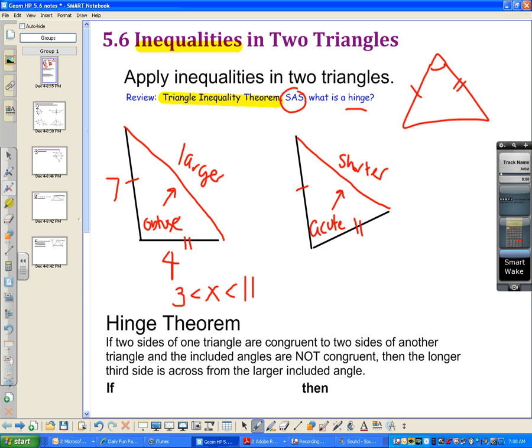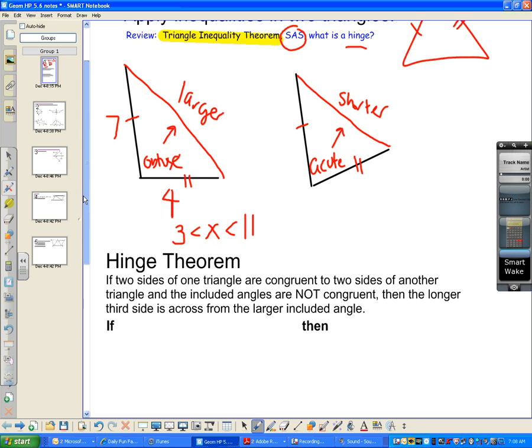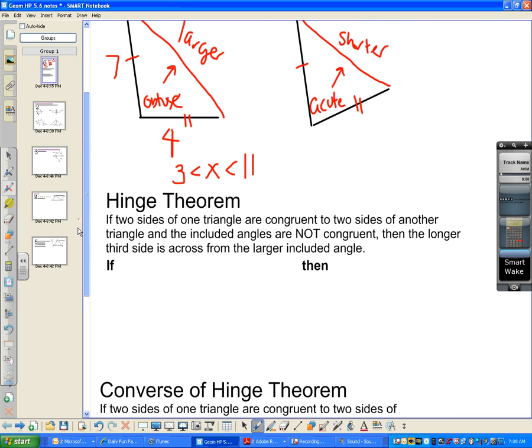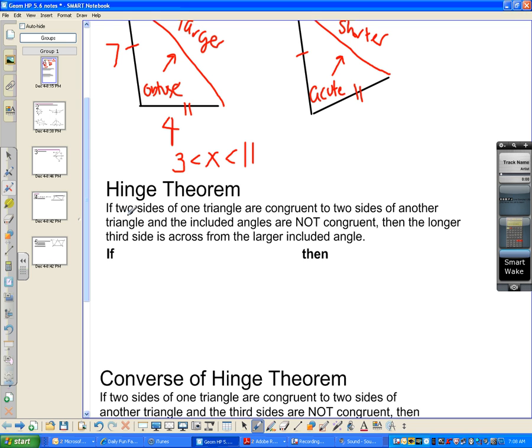And a hinge, kind of like a door, closed, swinging open and swinging shut. And we'll talk about that more in class, about why they called this the hinge theorem. So again, the hinge theorem, it looks like this. And we can write this on our cheat sheet. If we have two sides that are exactly the same in two different triangles, so these two sides are congruent to each other, but the included angles are not congruent.